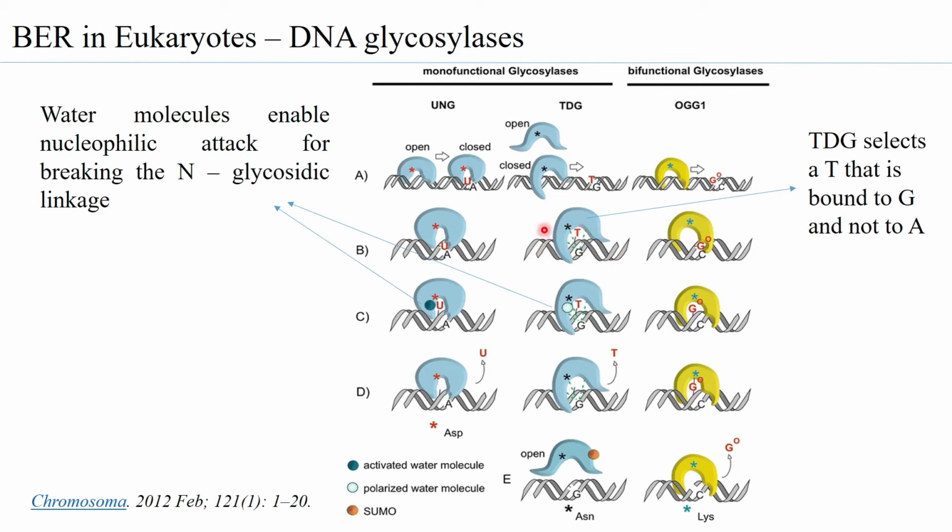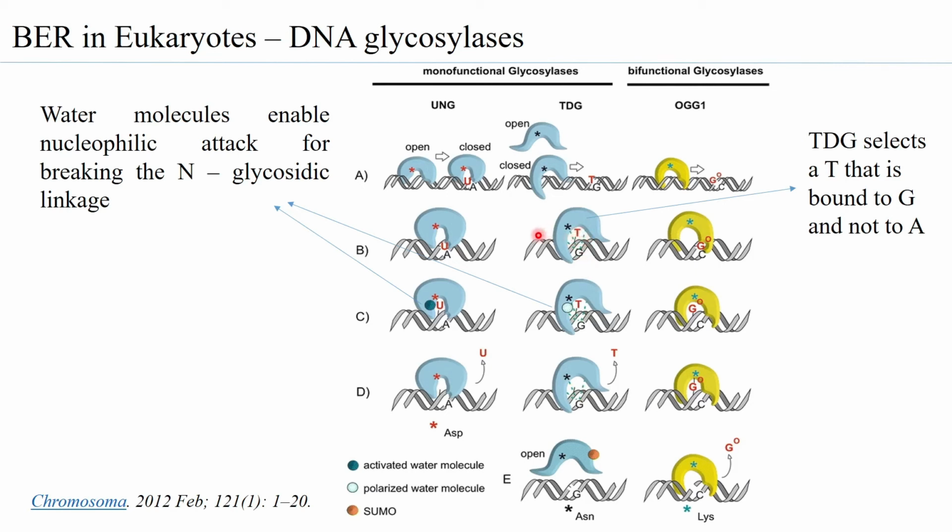So how does the thymine DNA glycosylase realize that this is not the correct T present at the correct site? Therefore, it looks at the base pairing. If the T is with the A, then there is no problem. But if T is bound to some other nucleotide which is not complementary, then that T has to be removed.